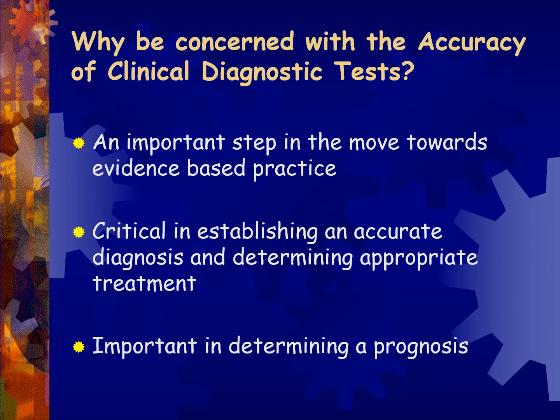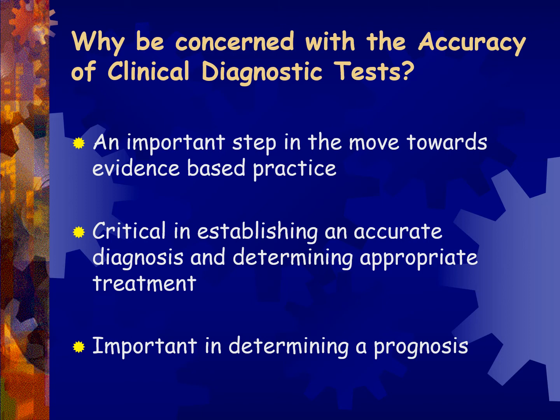So on the last slide, we provided a great deal of data for you in terms of sensitivity, specificity, and likelihood ratios related to different tests that are helpful in diagnosing subacromial impingement syndrome. Why should we be concerned with that type of data related to the accuracy of clinical diagnostic tests?